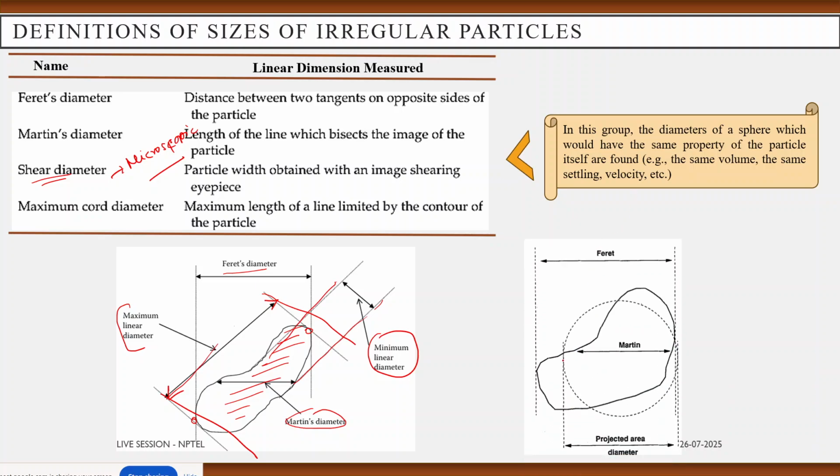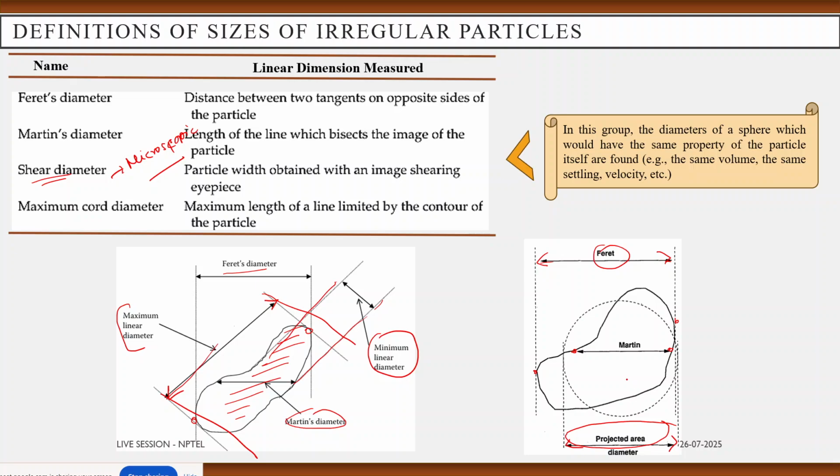See, this one is the irregular shape particle. At opposite points, we draw the tangents and measure the linear dimension between the two tangents. It is the Feret diameter. The Martin diameter bisects the irregular shape particle. For the projected area, the diameter of the equivalent circle is the diameter for this irregular shape particle.